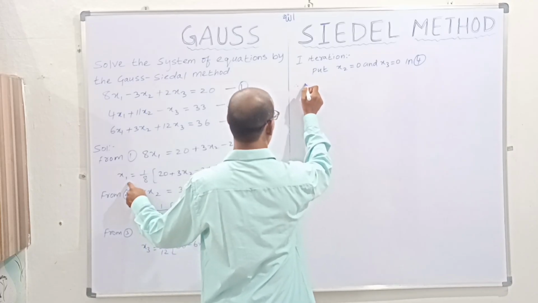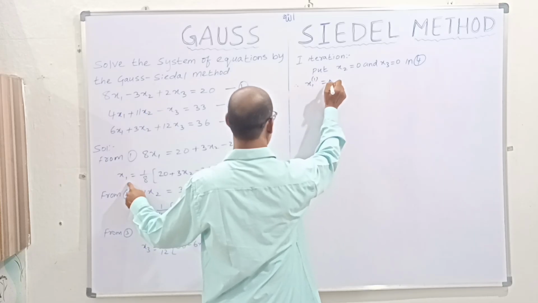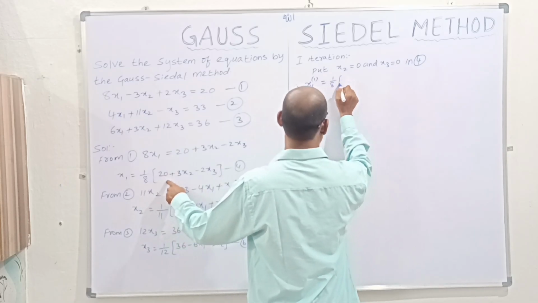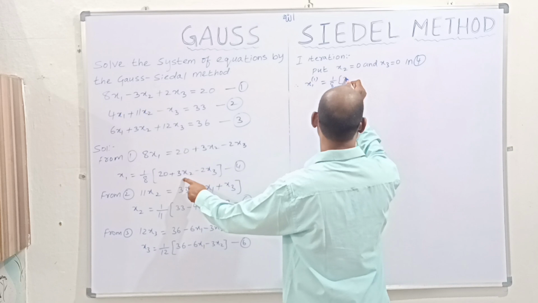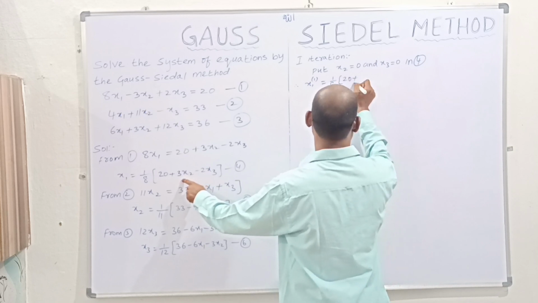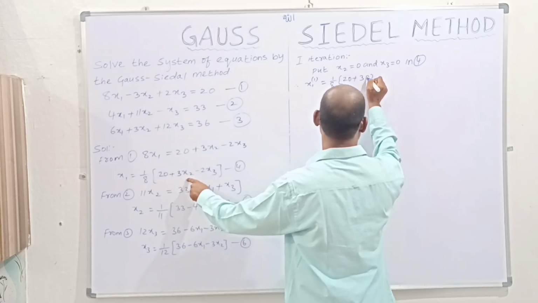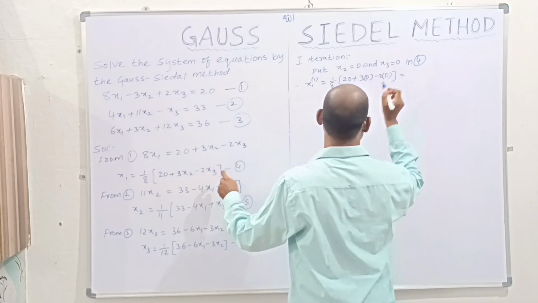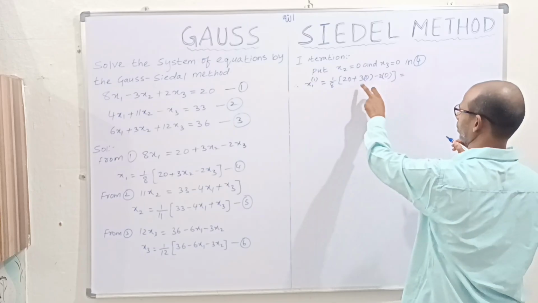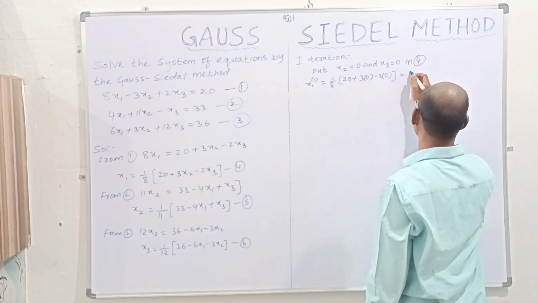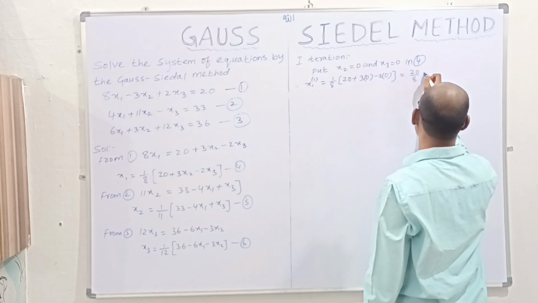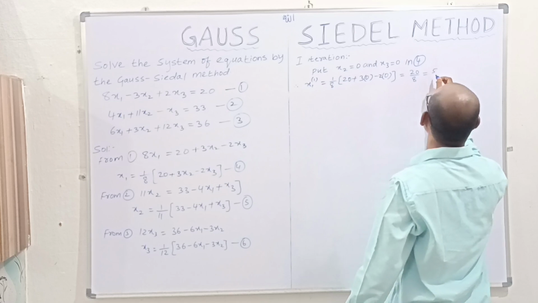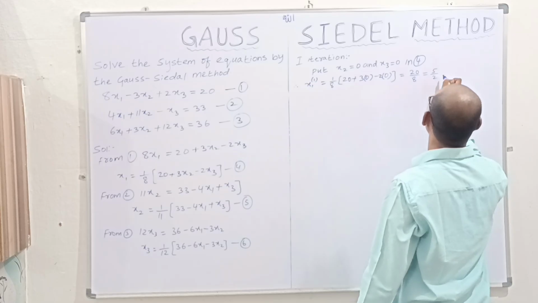So what happens now? x1 in the first iteration is equal to 1 by 8 into (20 plus 3 into 0 minus 2 into 0). 3 into 0 is 0, this also 0, and 20 plus 0 is 20, so that is equal to 20 by 8, which is 5 by 2.